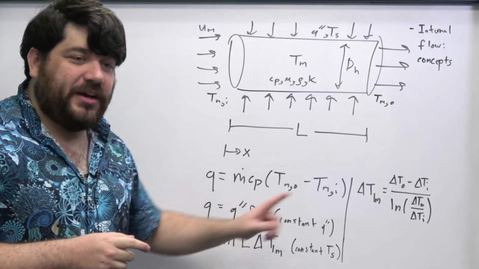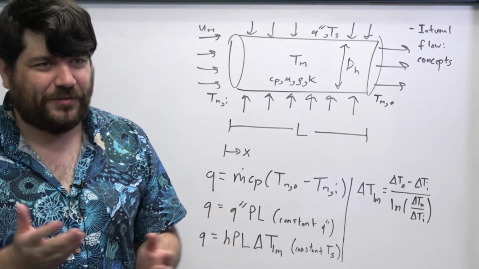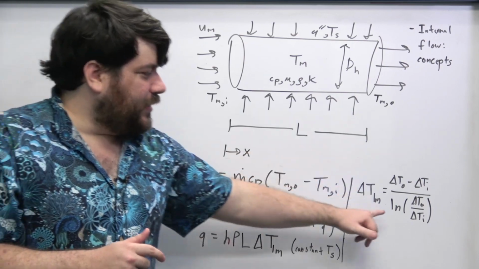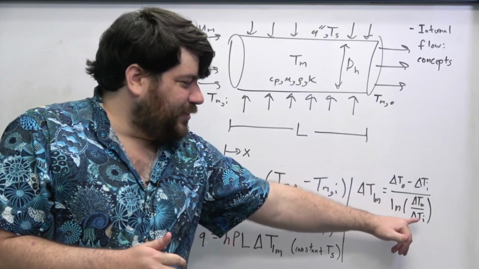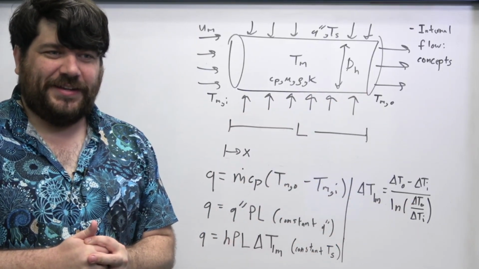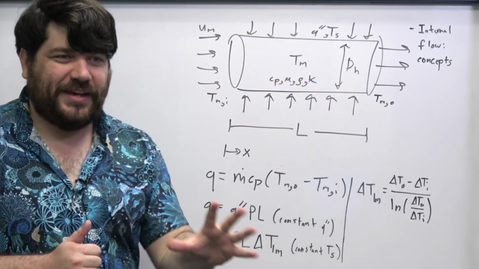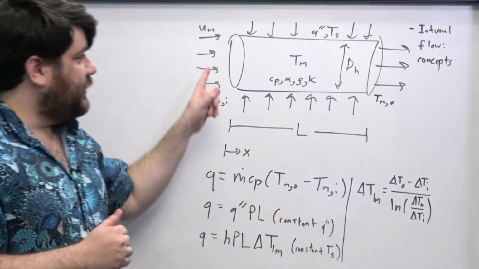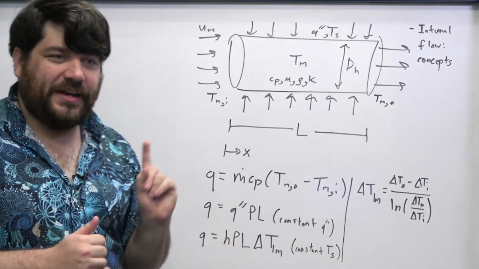The way that you calculate it is simply by taking the difference in the differences, however confusing that may seem, and then dividing it by a logarithm of delta T0 over delta Ti, where delta T0 is just the difference in the surface temperature and the fluid temperature at the outlet, and delta Ti is the difference in the temperatures between the surface and the fluid at the inlet.